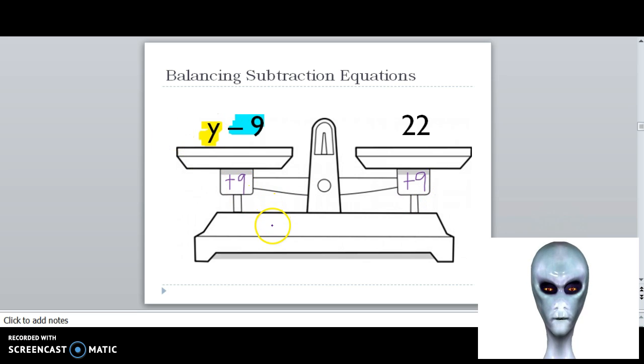So then I'm left with y is equal to 22 plus 9, which gives me 31. So that means if I were to plug in 31 for y, 31 minus 9 gives me 22.